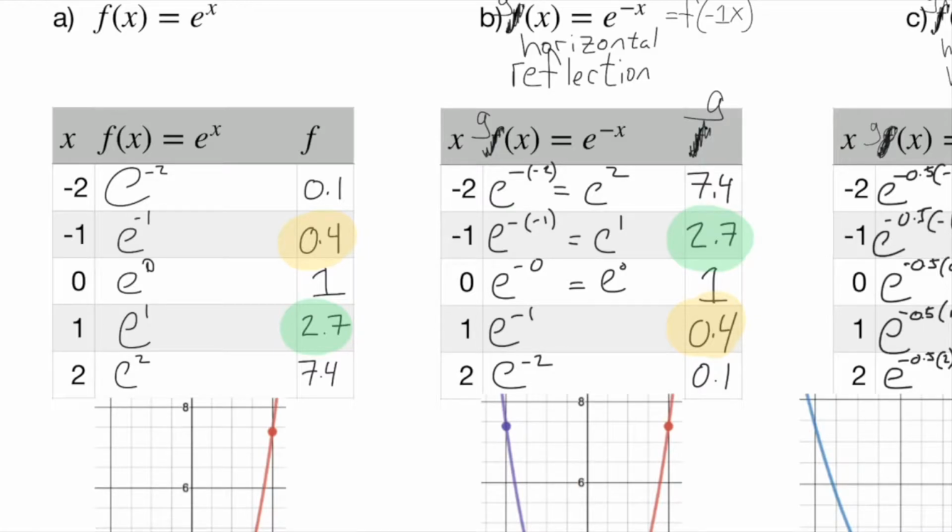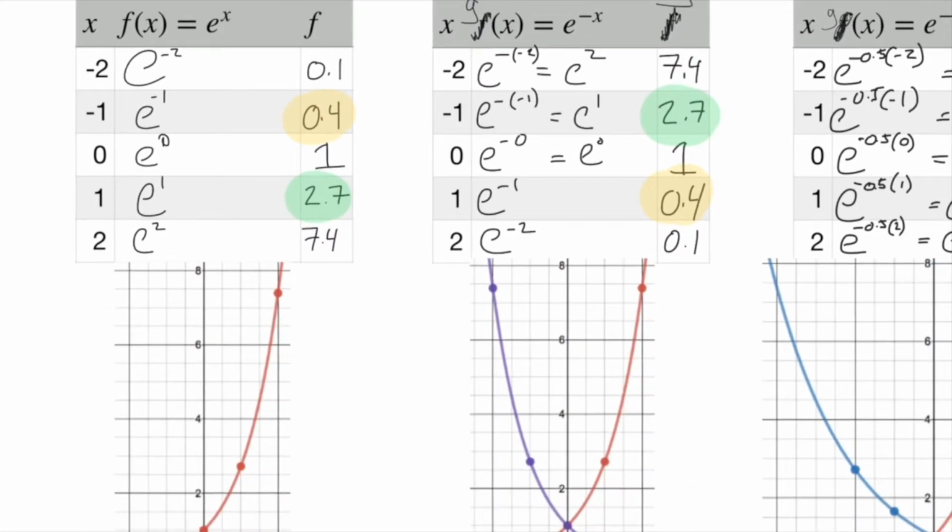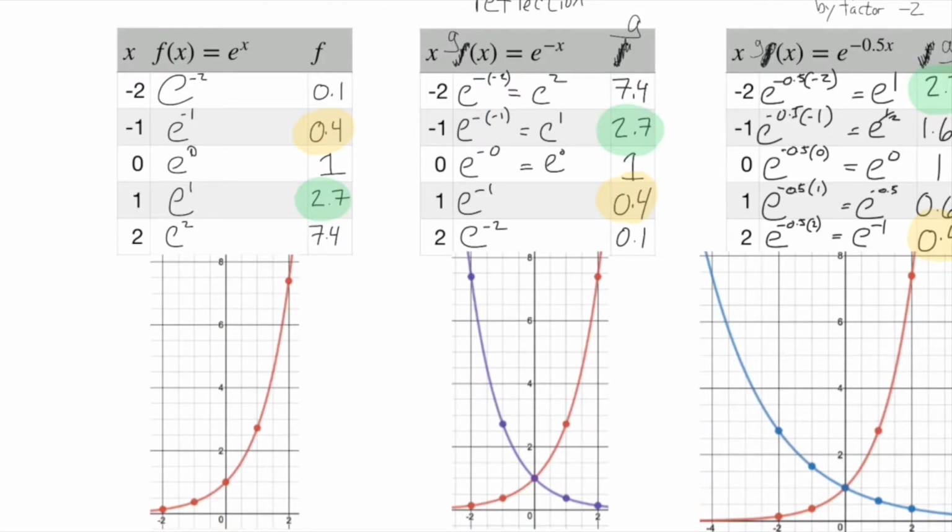And so, comparing it to the original, you can see that the green and the yellow got swapped. The parent function is going up like this, and the horizontal reflection is going down like this. It's decreasing, because this point gets reflected over here, this point stays, and these points get reflected as well to the opposite side of the y-axis.